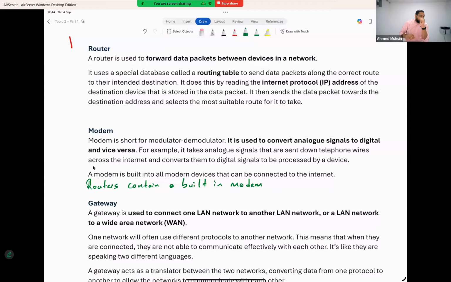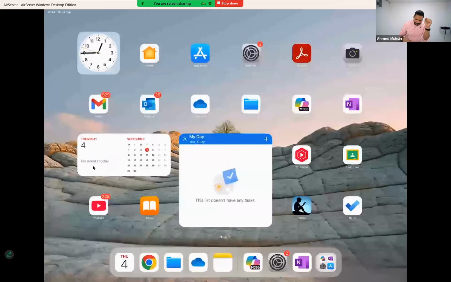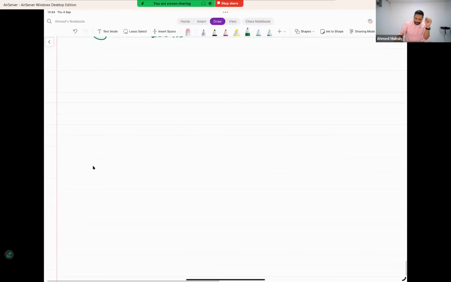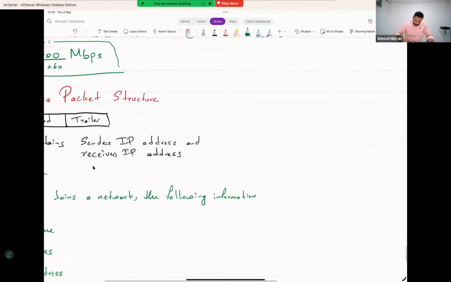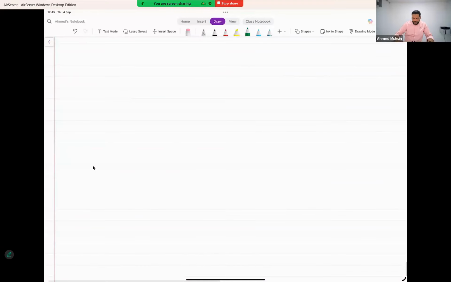So guys, I want to do a small diagram now with you all. Can everyone come to your writing books now? Everyone, what I want to do is think of a school computer lab.